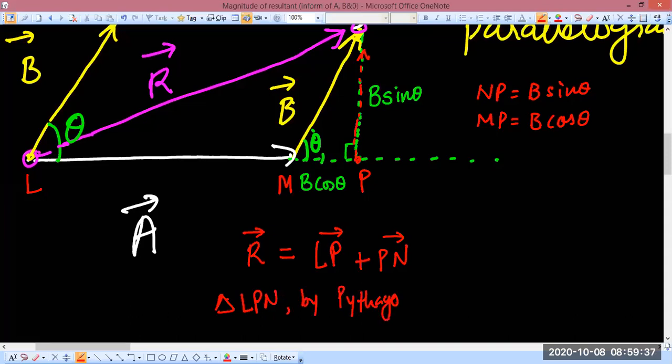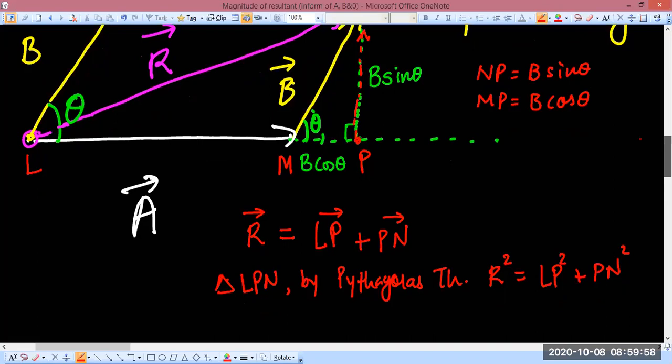In triangle LPN, by Pythagoras theorem, R square is equal to, remember, length of the arrow is magnitude, R square is equal to LP square plus PN square. Clear? I just want to confirm that it is clear, right?